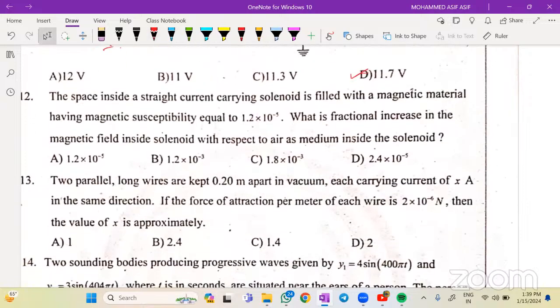The space inside a straight current carrying solenoid is filled with a material having susceptibility 1.2 into 10 to the power of -5.